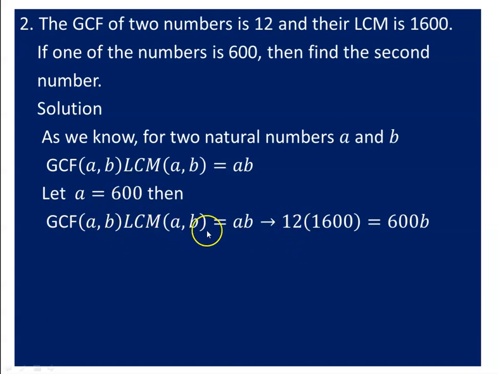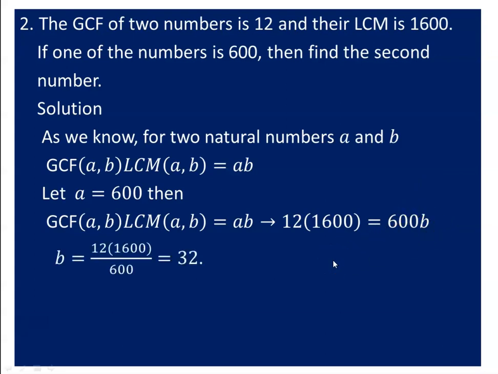The least common multiple is already given again, 1600. So a is already determined, one of the two numbers is given, 600. So this is going to be 600 times b. So in order to determine what b is, it is a matter of dividing the whole by 600.